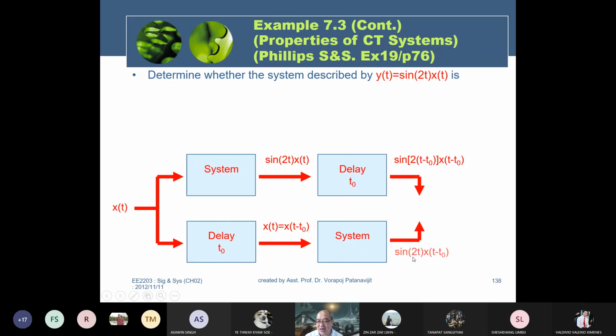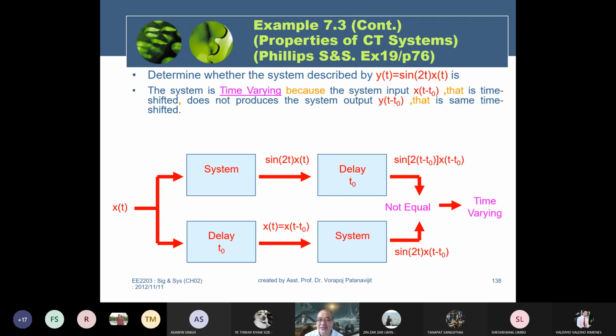When you process it, you get psi(2t) and t. You can see that the two things are different. If it's different, it means it's time varying. The system is time varying because the system input x(t minus t naught), that is time shifted, does not produce the system output y(t minus t naught), the same time shifted version.